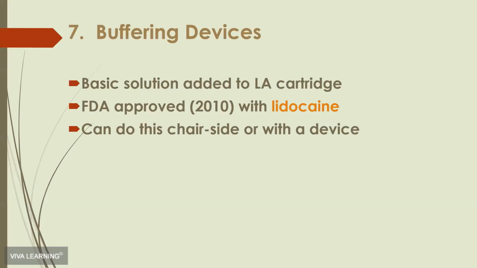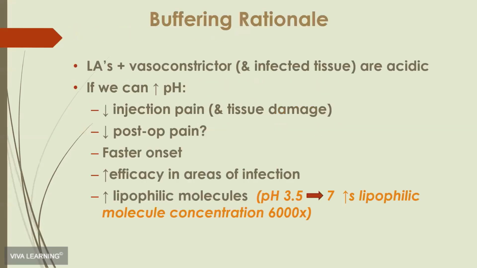And maybe you're thinking to yourself, well, why would I want to do that? Let me explain why. And this, by the way, I think is one area where in the future local anesthetics will be improved. Local anesthetics are very acidic, especially if they have a vasoconstrictor. And acid is bad when it comes to the efficacy of a local anesthetic.